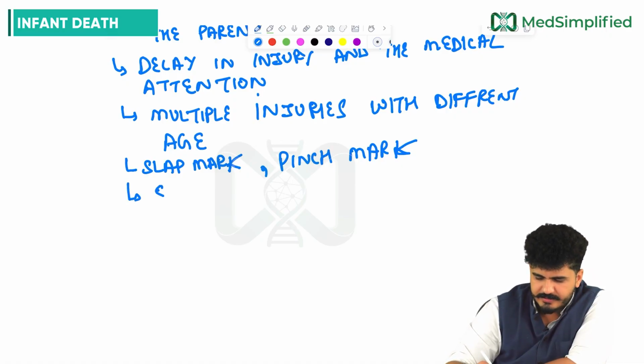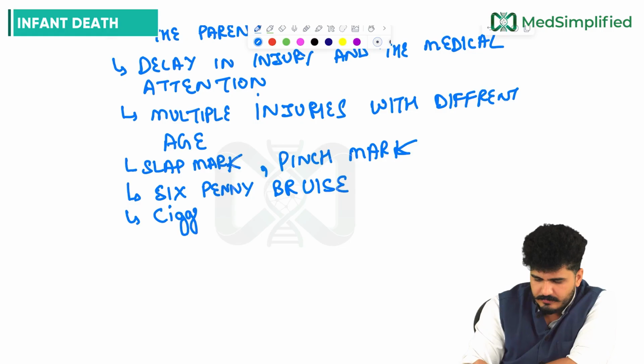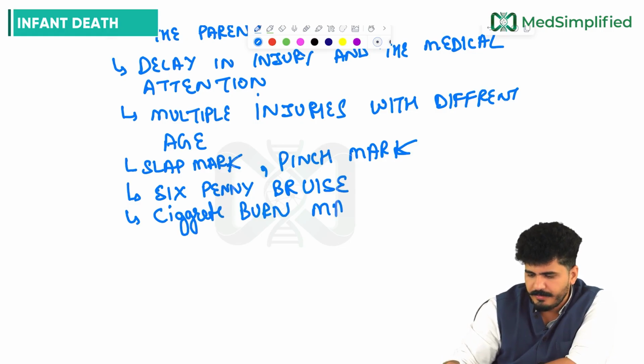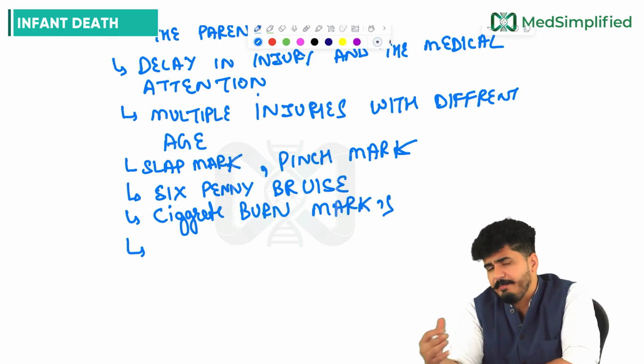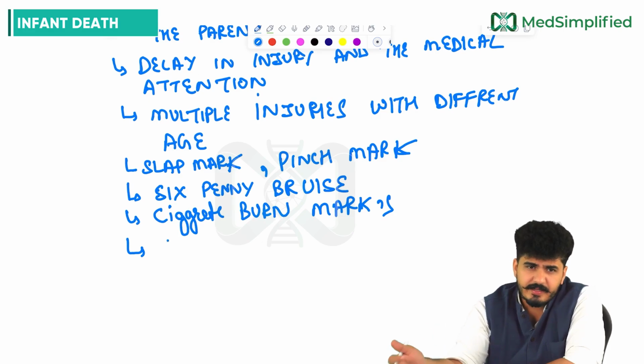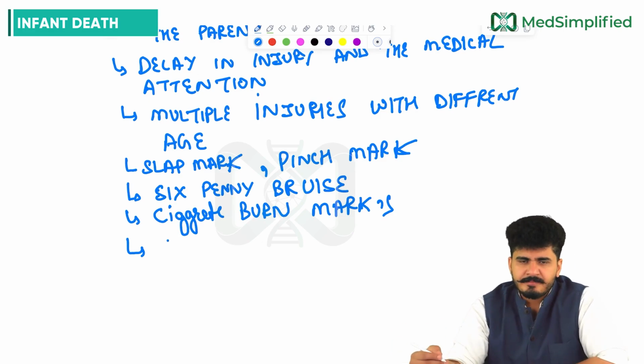Then there will be bruises, six penny bruise, and cigarette burn marks. These can be seen in a baby who was assaulted by the parents, and now they are bringing that baby for medical treatment.